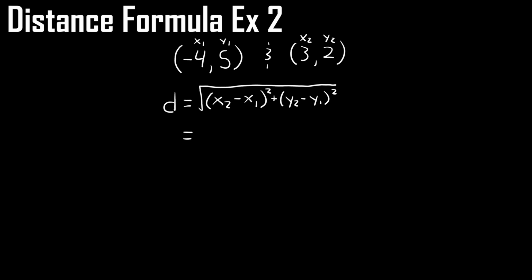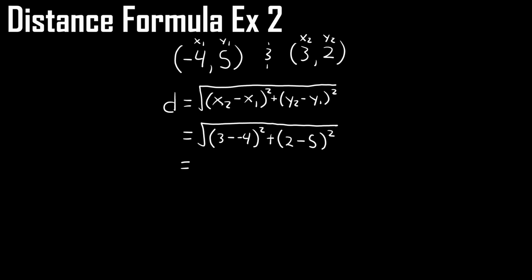So we'll have the square root of x2, which is 3, minus x1, which is -4, squared, then plus y2, which is 2, minus y1, which is 5, squared.